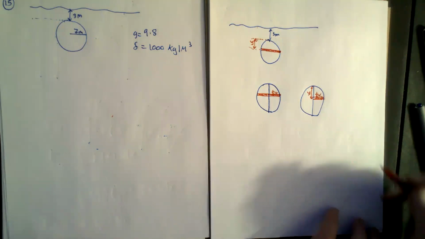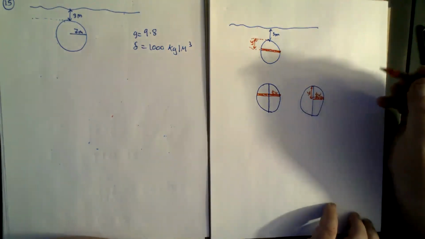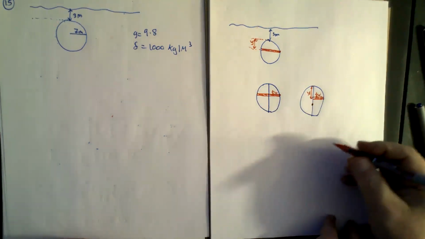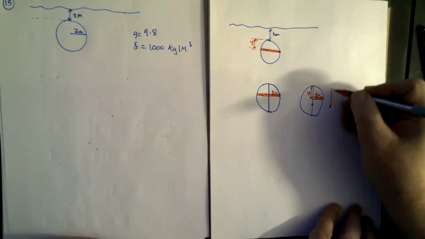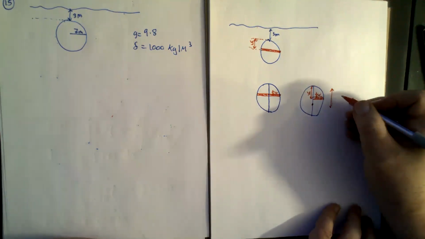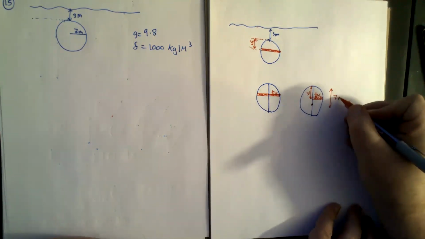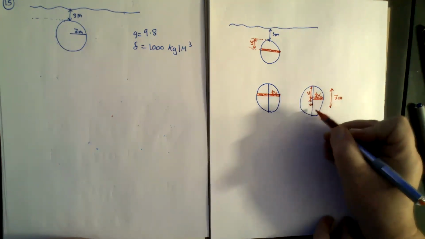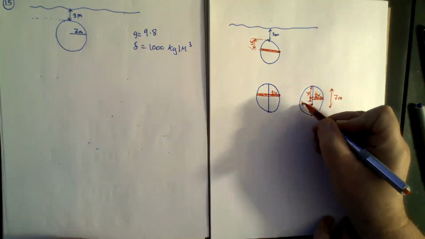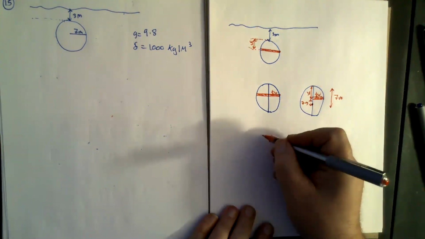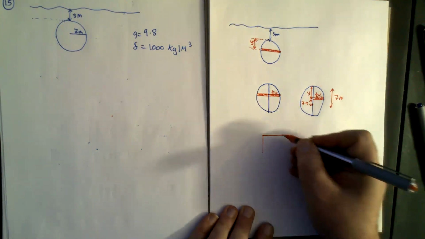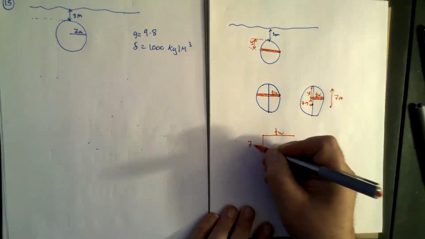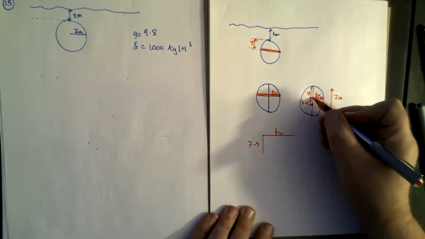What else do I know that might be of use? Well, if I put the center here, then the distance from there to there is the radius, and the radius is 7 meters. So that makes that little piece here 7 take away y. So what I've now got is a half W, that bit, a little guy here, 7 take away y.